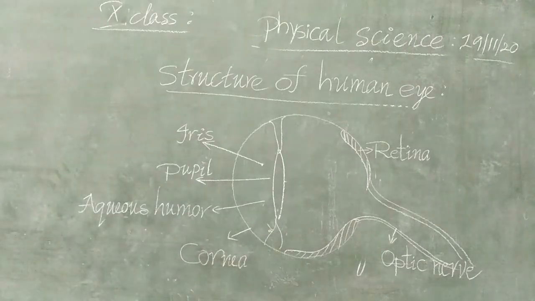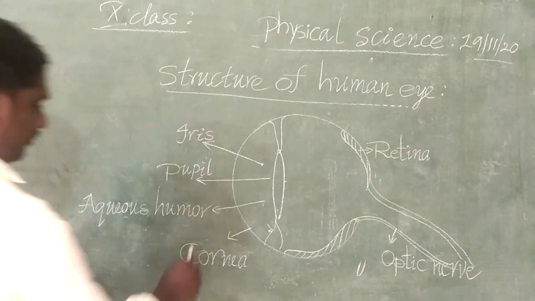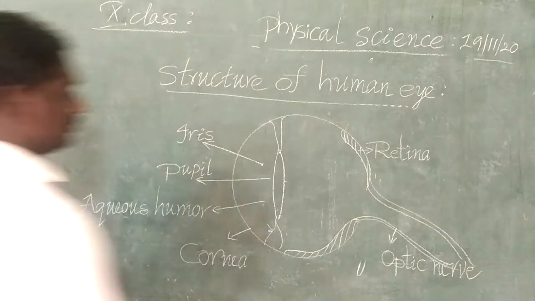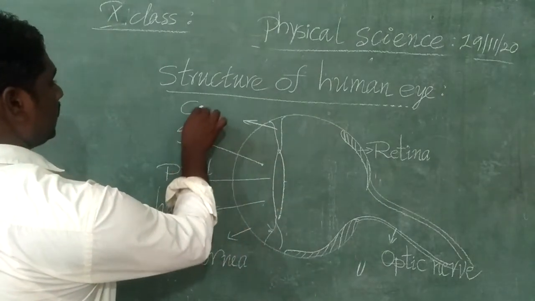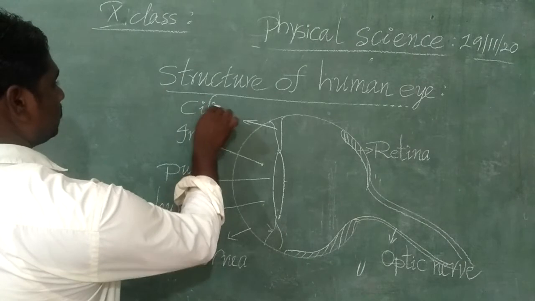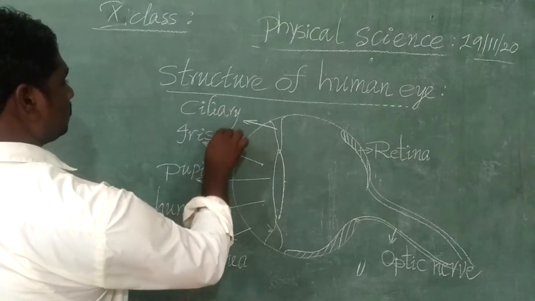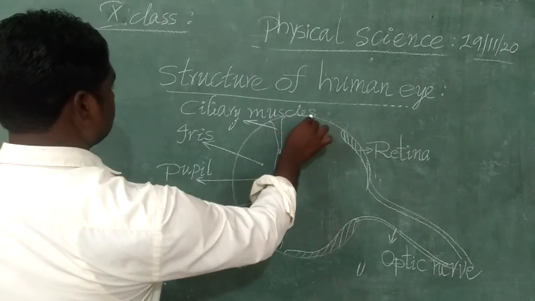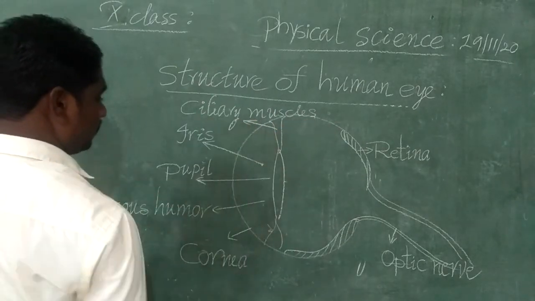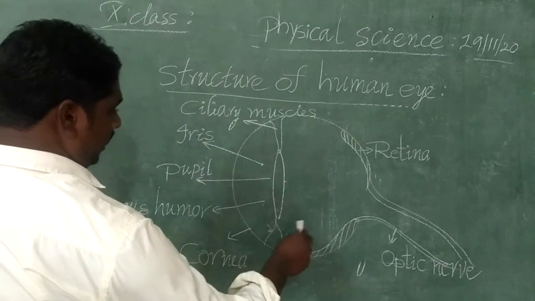This is the aqueous humor. These are the ciliary muscles.